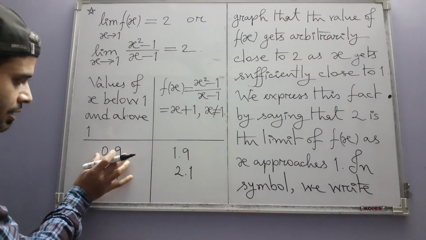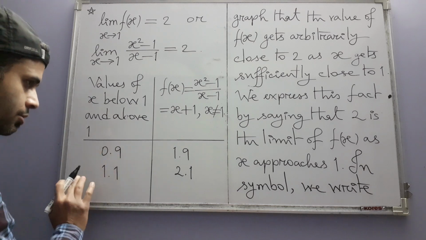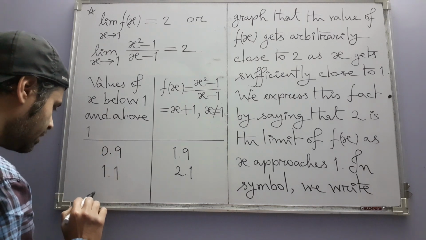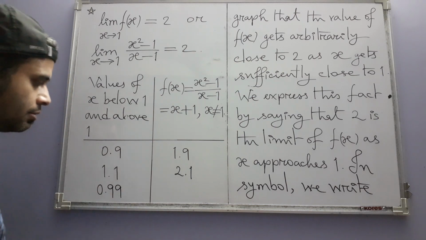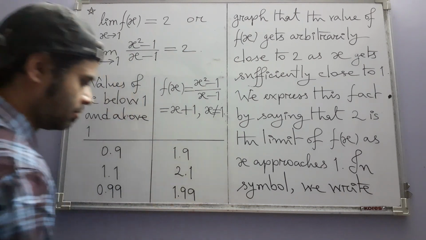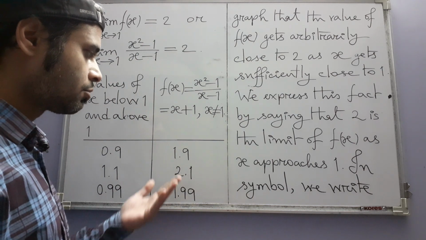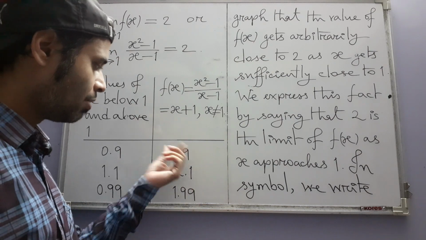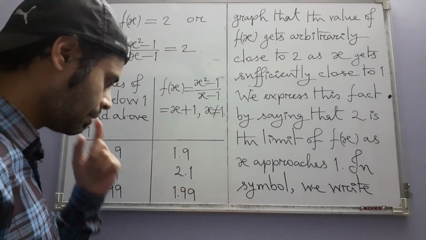Now if you make this value, which is close to 1 but less than 1, even closer to 1, say you take another 9, then your corresponding f(x) value gets a little closer to 2 than 1.9 is, because it is 1.99.